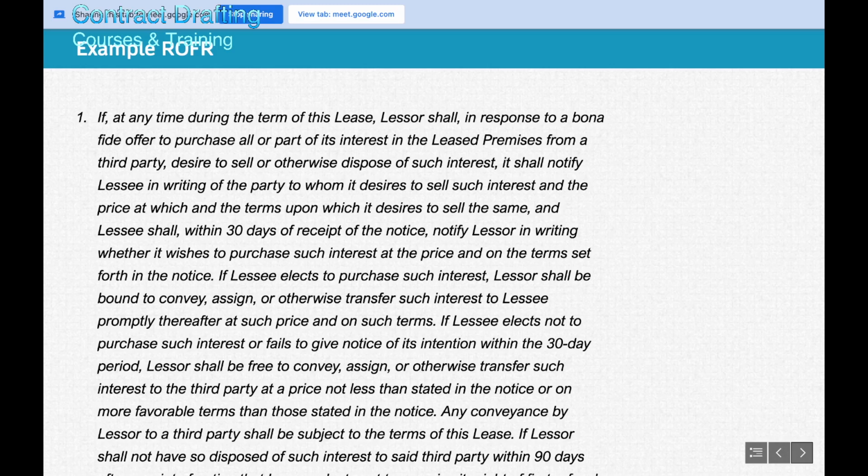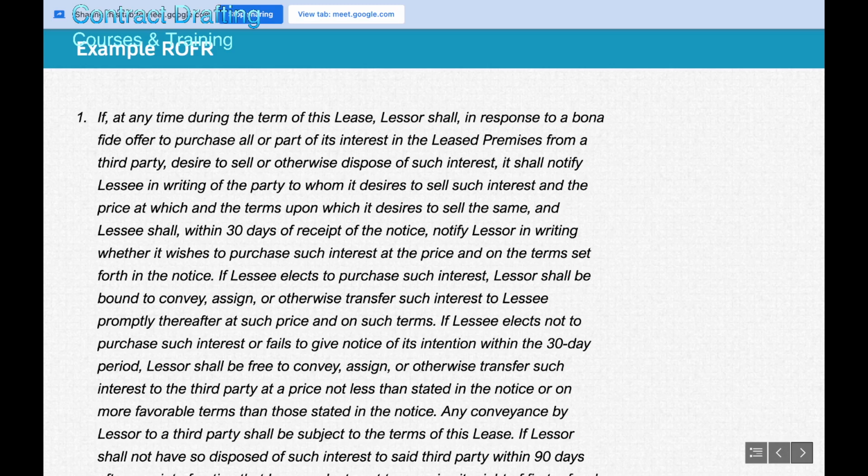And within a certain time frame of 30 days, the lessee has to revert to the notification on whether they want to purchase such interest on the terms which are agreed with the third party or under discussion with the third party.